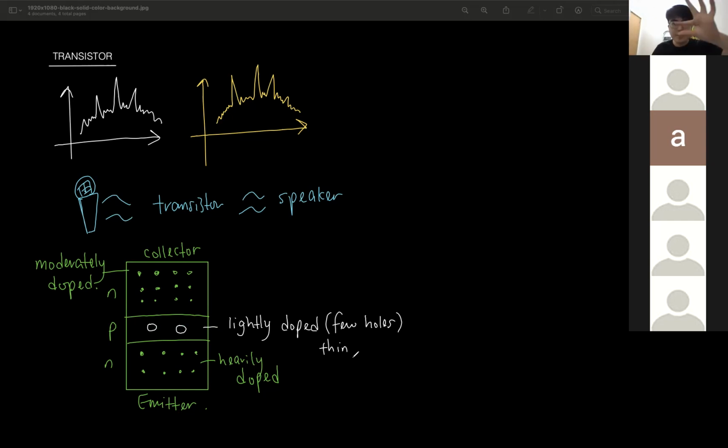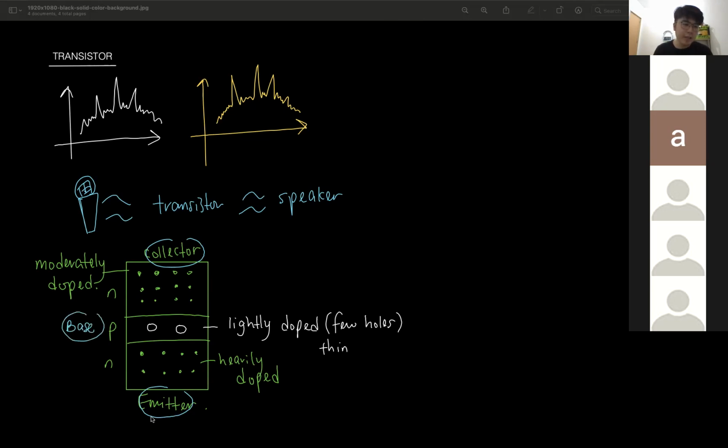The middle part is very, very thin. The collector and the emitter are almost the same in terms of width, but the middle part is very, very thin. The middle part, we call it what? This is the collector, the bottom is the emitter, and the middle, we call it the base.